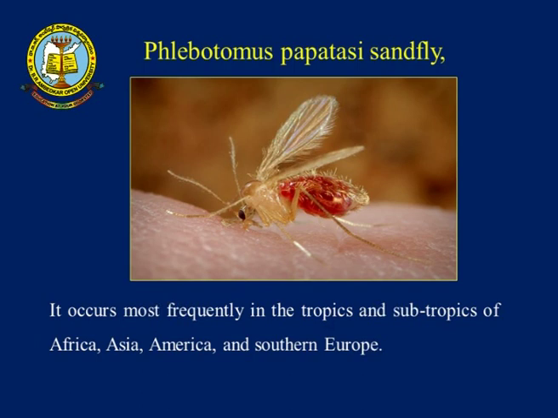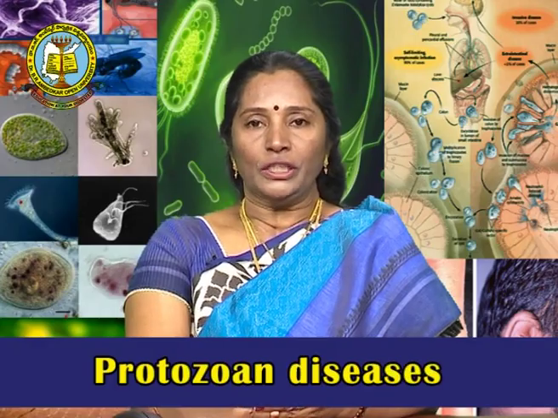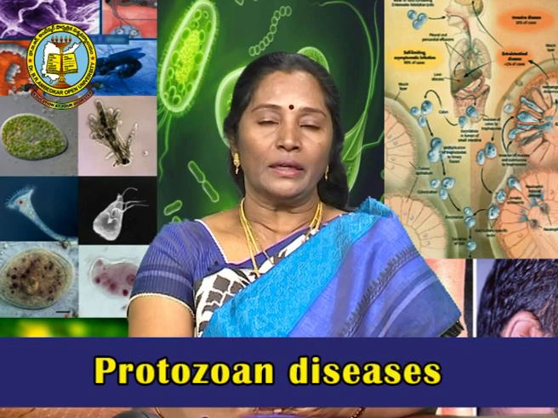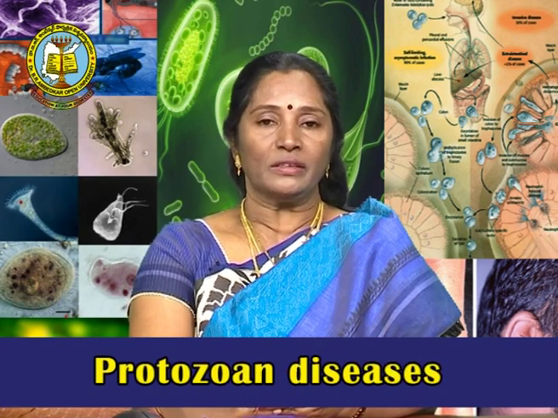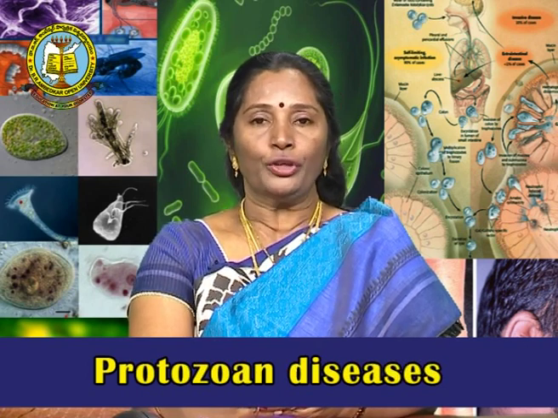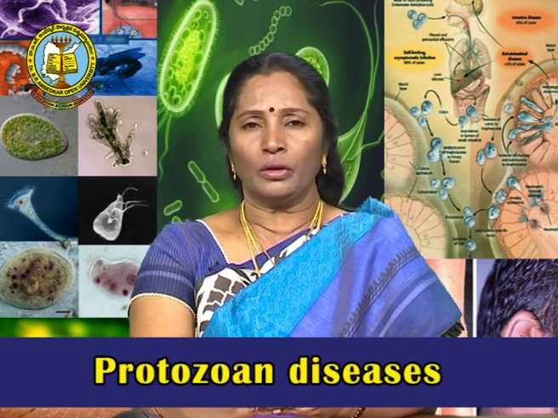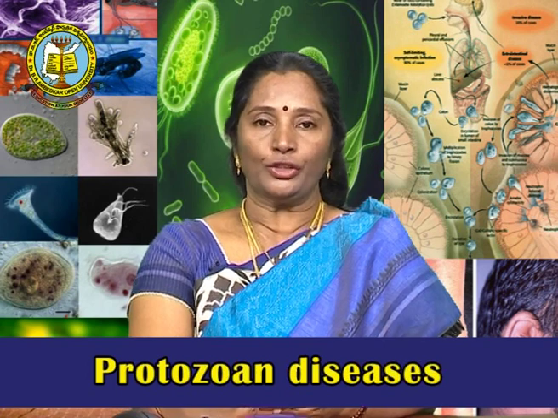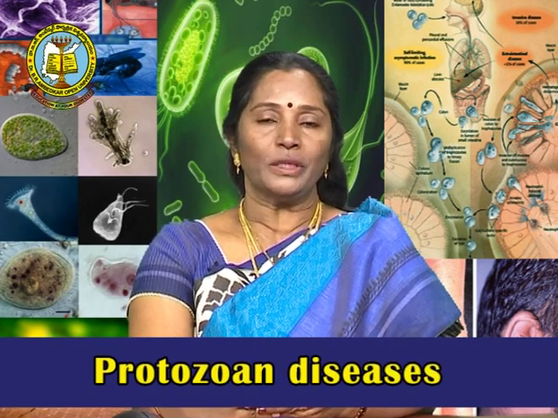Now, when you are talking about the different species over here, you have 20 Leishmania species. These 20 Leishmania species can create different types of diseases in humans. When you are talking about cutaneous Leishmaniasis, what do you mean by cutaneous? Cutaneous means skin. The skin is cutaneous, where the Leishmania is going to attack.